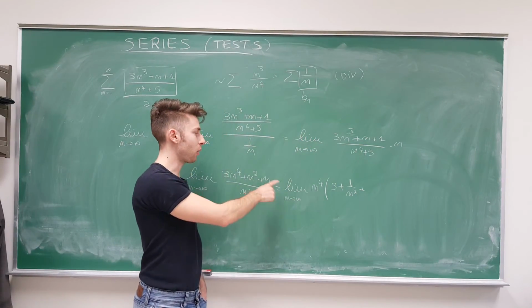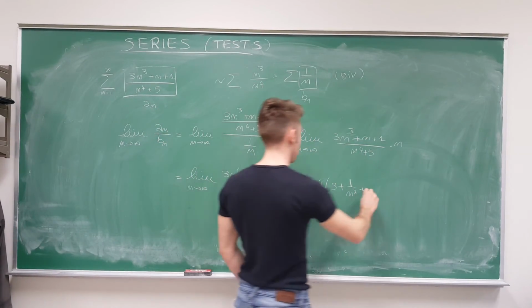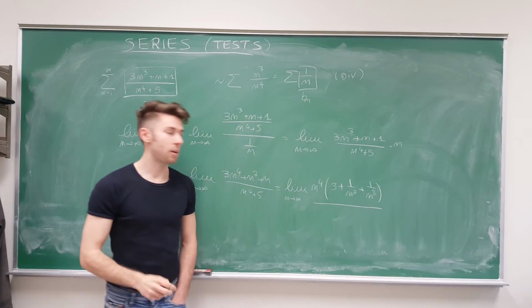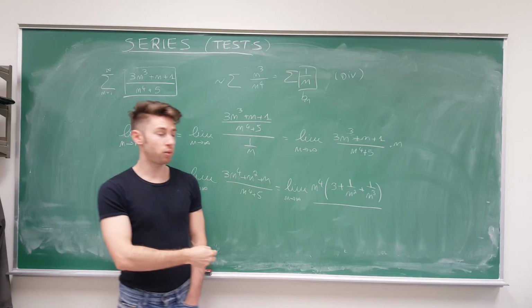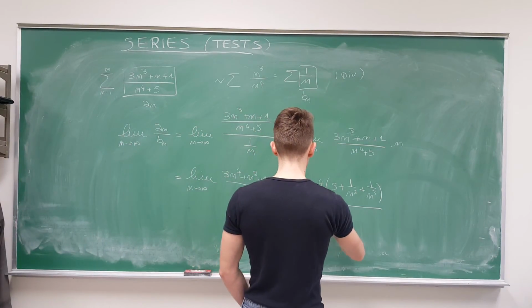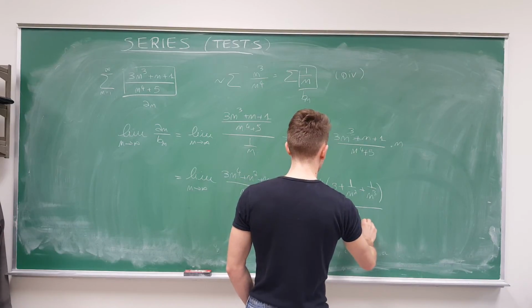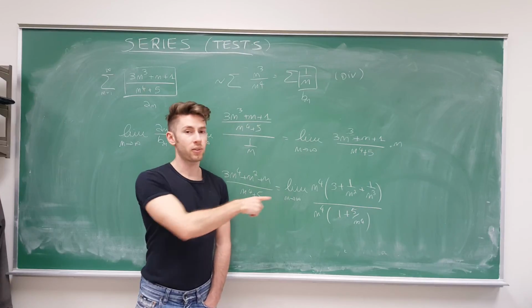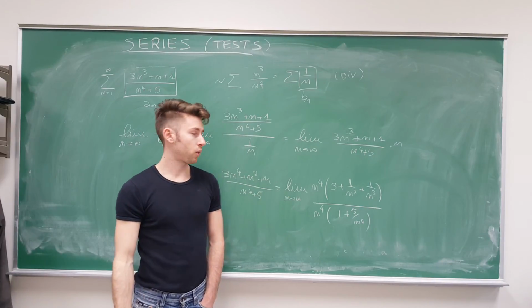And from n, I will be left with 1 over n cubed. And then I do the same thing in the denominator, factor n to the fourth. So from here, I'm left with a 1, and from 5, I'm left with 5 over n to the fourth.